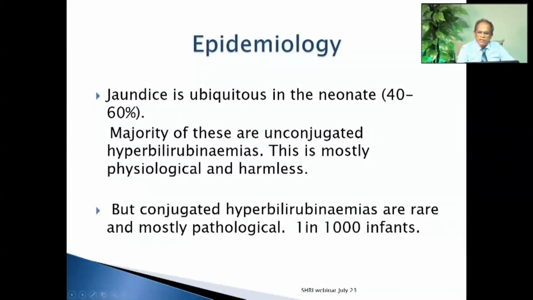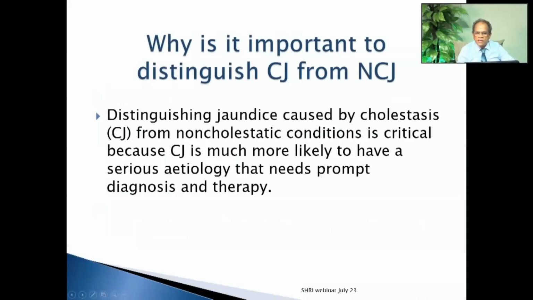But why is it important to differentiate this cholestatic jaundice from non-cholestatic jaundice? Because non-cholestatic jaundice is usually physiological and self-limiting, and you don't need to do much, and most people are aware of it. But on the other hand, cholestatic jaundice or obstructive jaundice is a much more serious condition, and usually will not resolve on its own, and will need serious intervention to cure these babies.